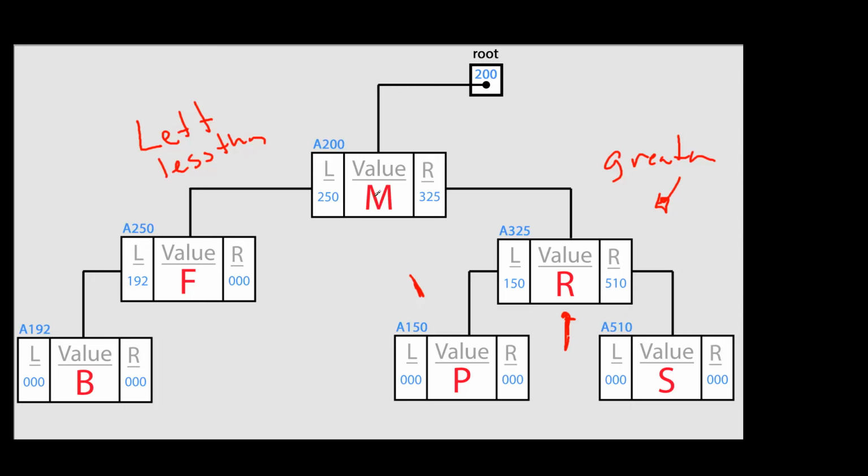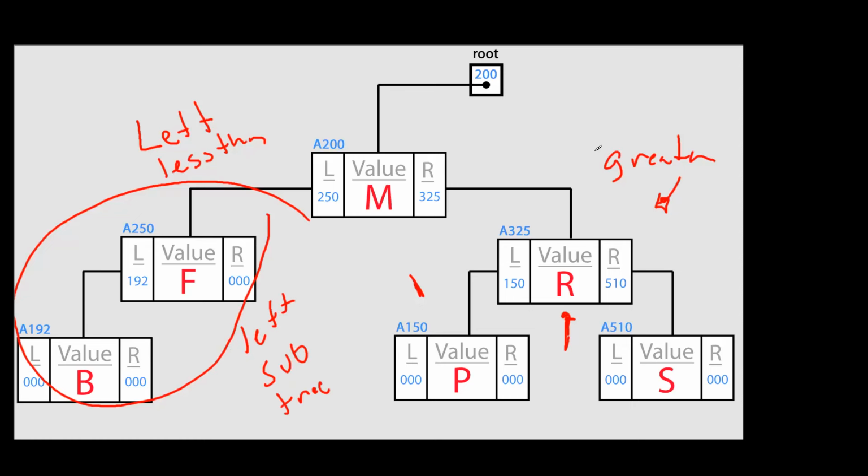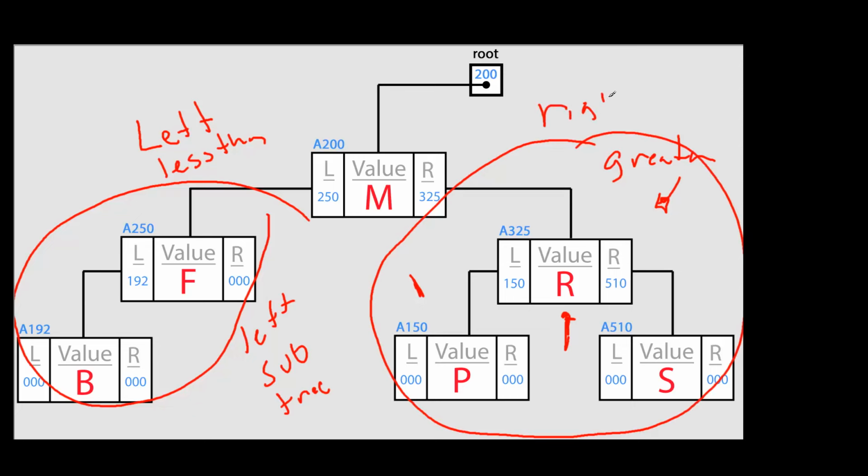And anything that is less than M goes to the left side. Here, this is called the left subtree. And then here, this is the right subtree. Right, so anything in the right subtree is going to be greater than the parent node, and anything to the left is going to be less than the parent node.